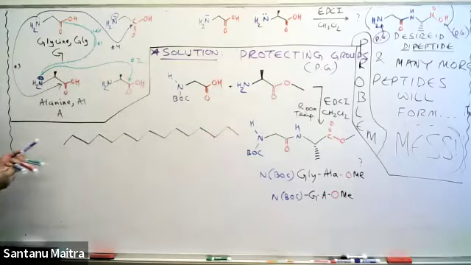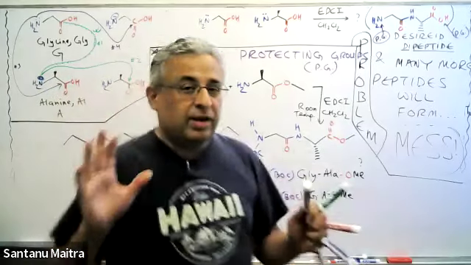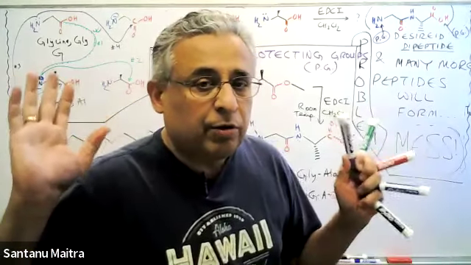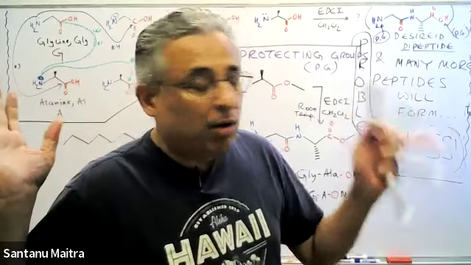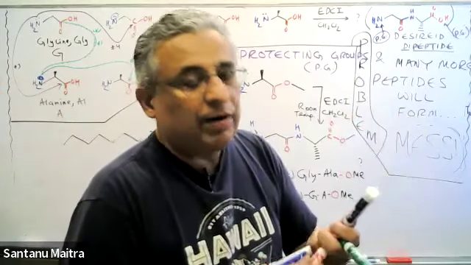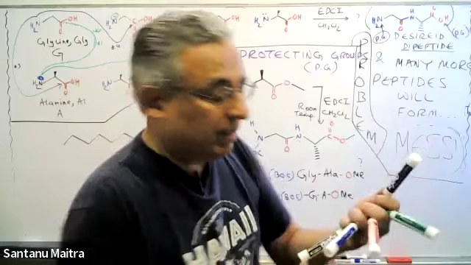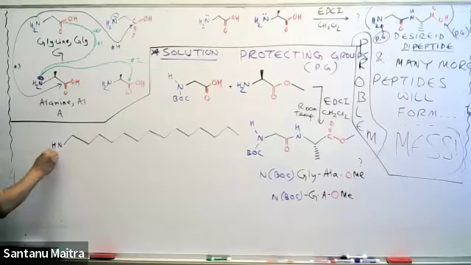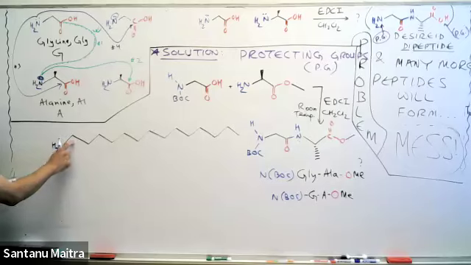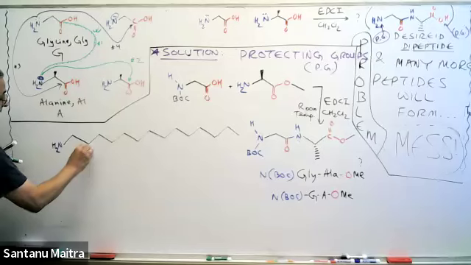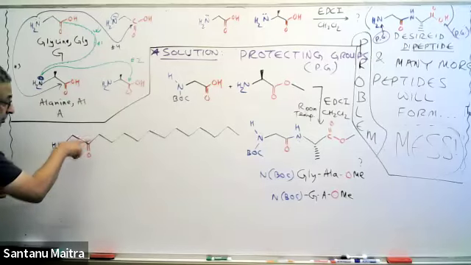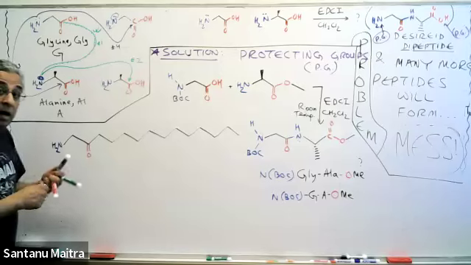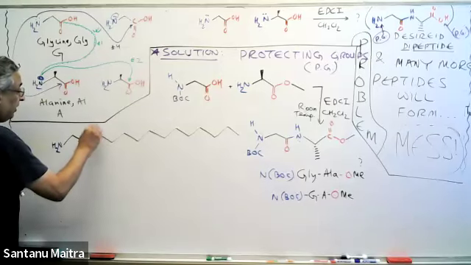Okay. I'm not worrying about protecting groups. Let's say we took care of the protecting groups when we synthesized this long chain peptide. We are just looking at the molecule and studying it. NH2 is going to be something here, depending upon whichever amino acid it is, then there is going to be a carbonyl, right? This is going to be an amide bond, NH.